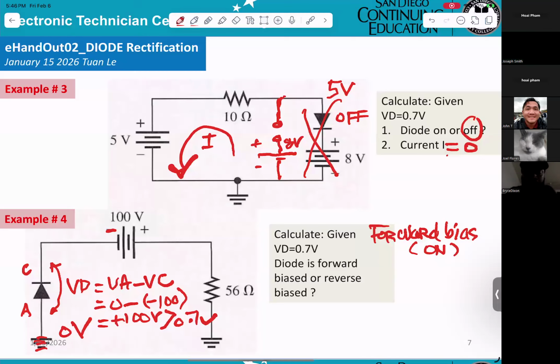So the diode will be forward bias. Okay? When you see the diode, you're able to recognize right away whether it's on or off, that's okay for me.